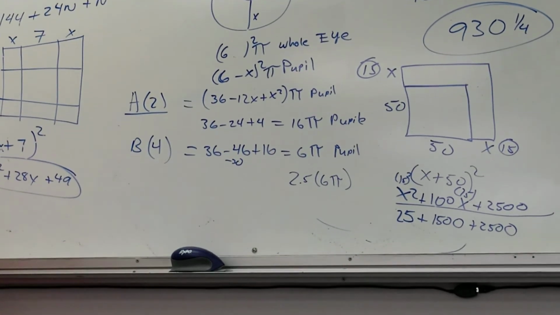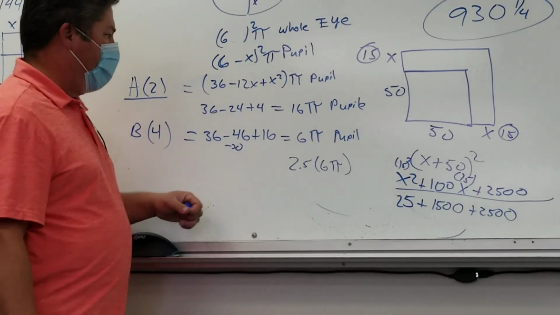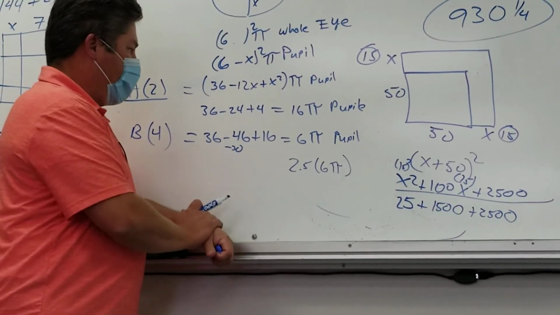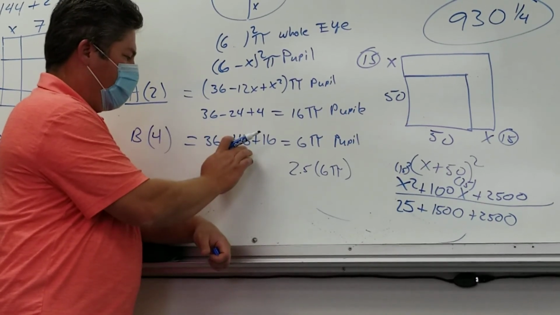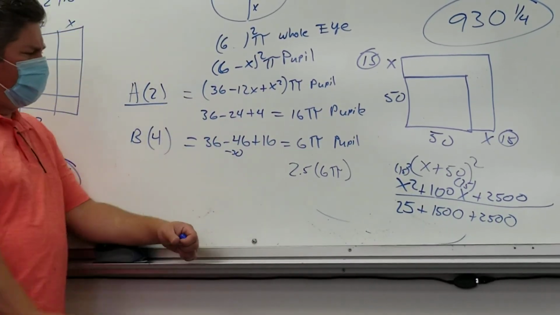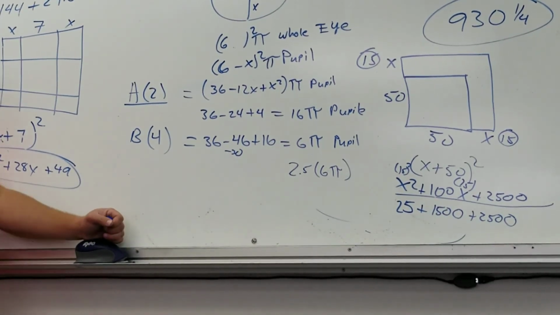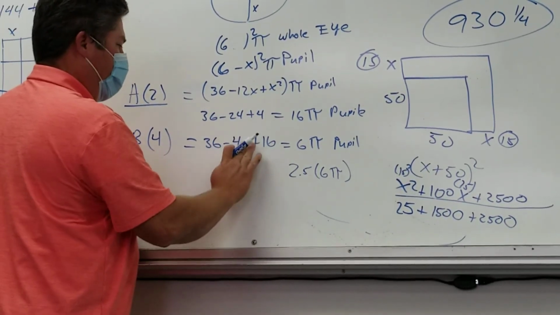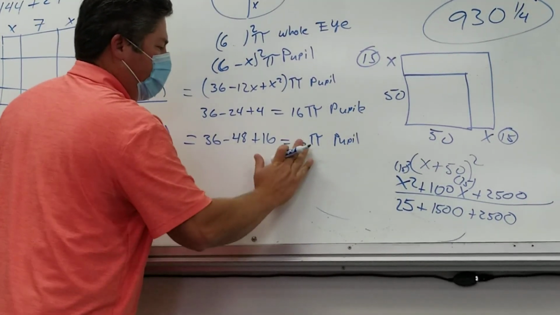It's not right? 36 minus 46... Oh, 4 times 12. My bad, sorry, 48. Good catch. Wait, we're going to change this.